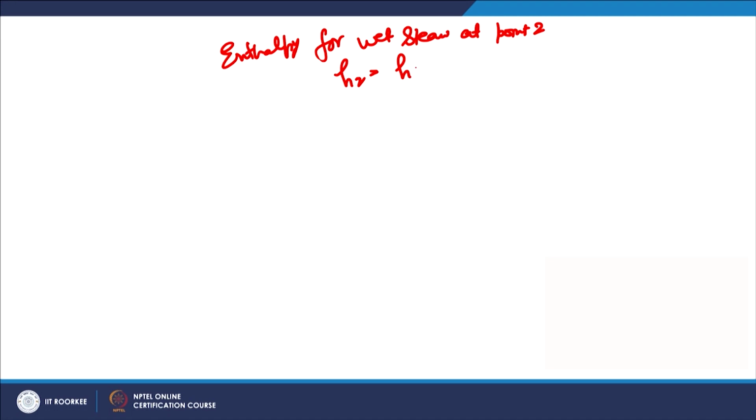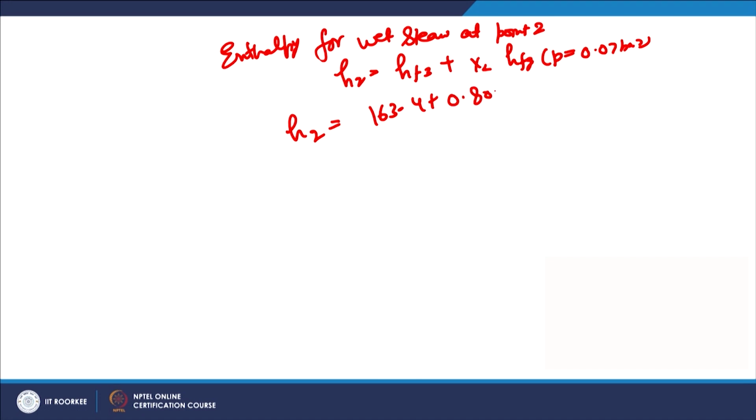H2 is equal to HF plus X2 HFG, at P equal to 0.07 bar. Now by this way we can calculate H2 is equal to 163.4 plus 0.8047 multiplied by 2409, which we have previously calculated, and that comes out to be 2101.52 kilojoule per kilogram.